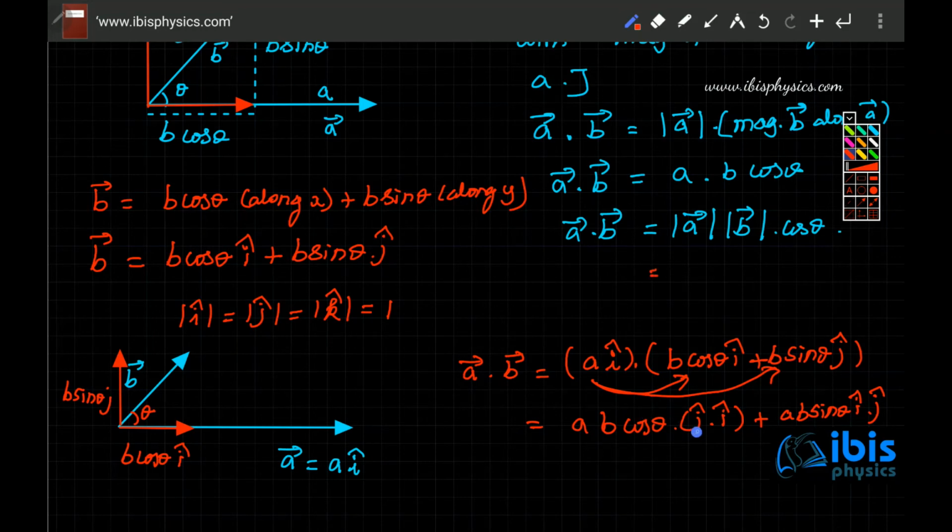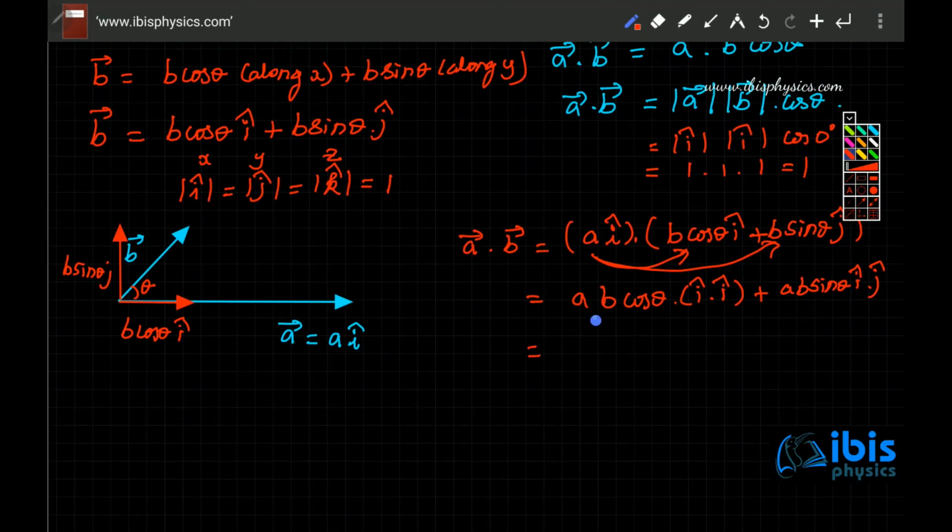I said that i cap, j cap and k cap are unit vectors along the x-axis, y-axis and z-axis. So i dot i is modulus i into modulus i into cos of the angle between that vector and the same vector, which is 0 degrees. We said that these are all unit vectors, their values are 1, into cos 0, which is 1, so it is 1.